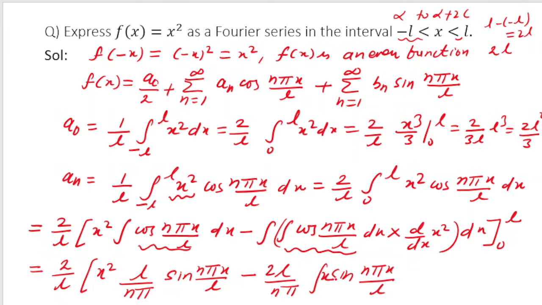So this bracket is giving me x sine n pi x by L, and I have to integrate with respect to x. The limit of integration is 0 to L.